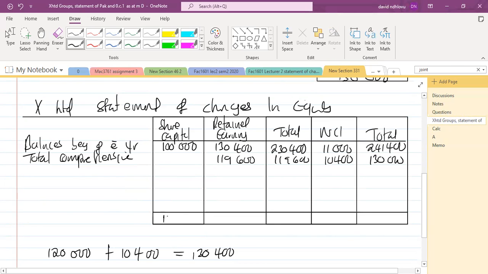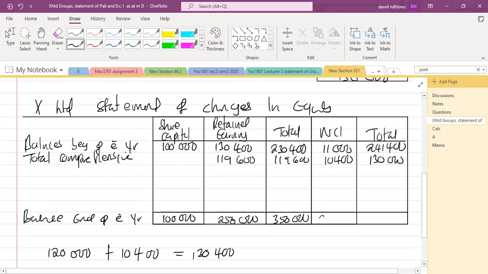So when we add, we then have your balance at the end of the year. Right, 130,400 plus 119,600, we are going to get 250,000. We are going to get 350,000.